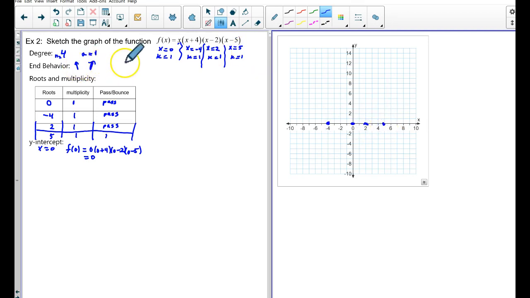The end behavior is up, up, so we start going through -4, coming back through 0, passing through 2 again, and passing through 5. Again, we can't really tell how far down it's coming and how far up it's coming. We would either need to use the calculator or you would have to know calculus. But this is sufficient for this course.